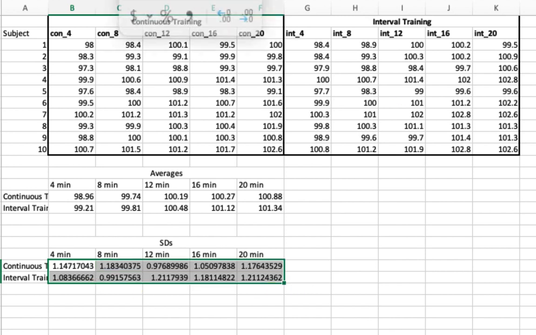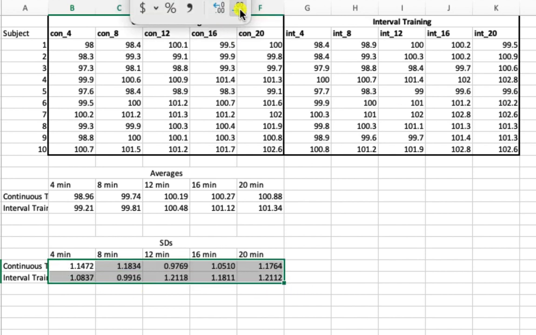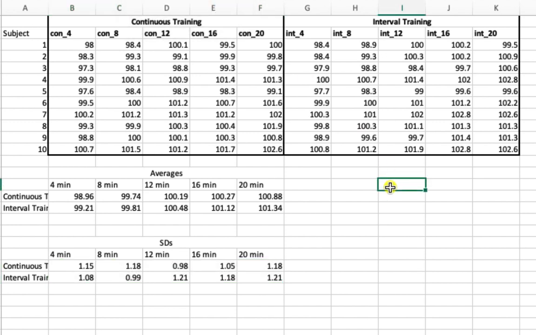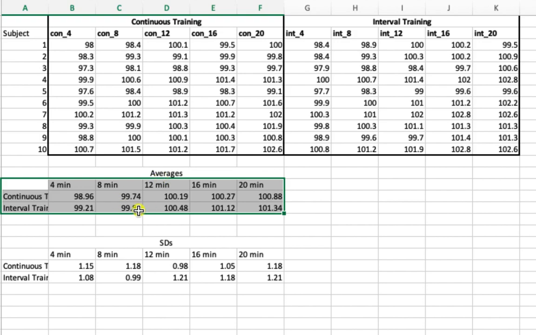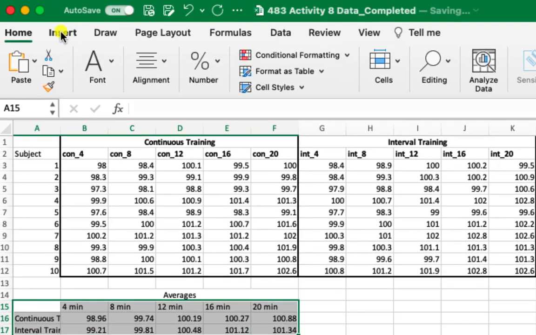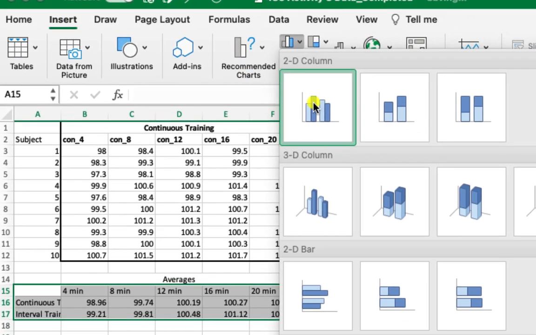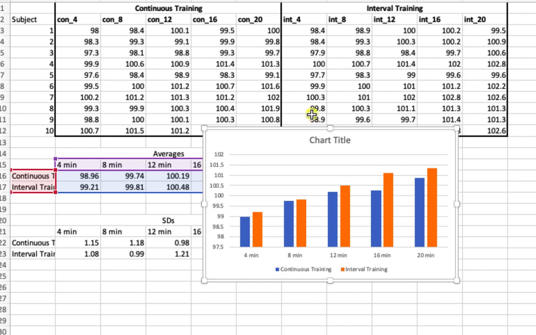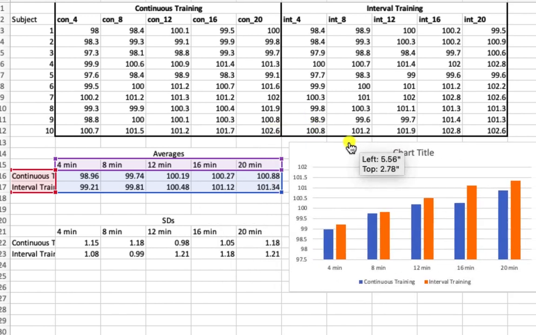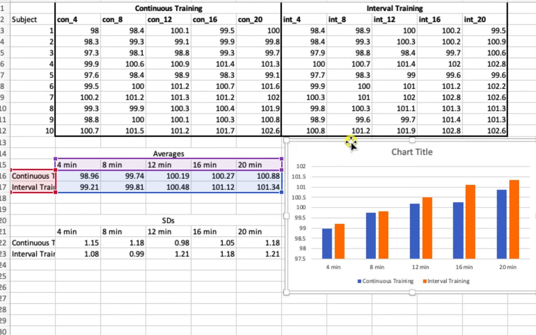Copy those across. I'm going to reduce my decimals to 2 places. And then from here, we just copy or highlight all of the means, including the data labels. And that will allow us to have our labels automatically input into our graph when we insert it into Excel.